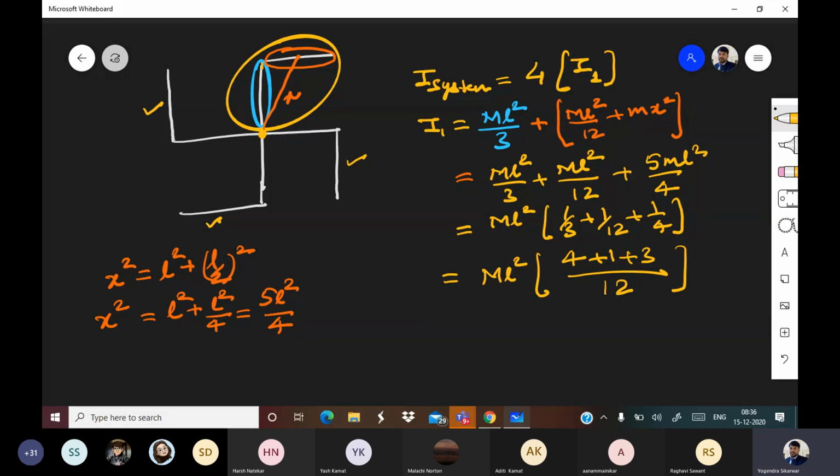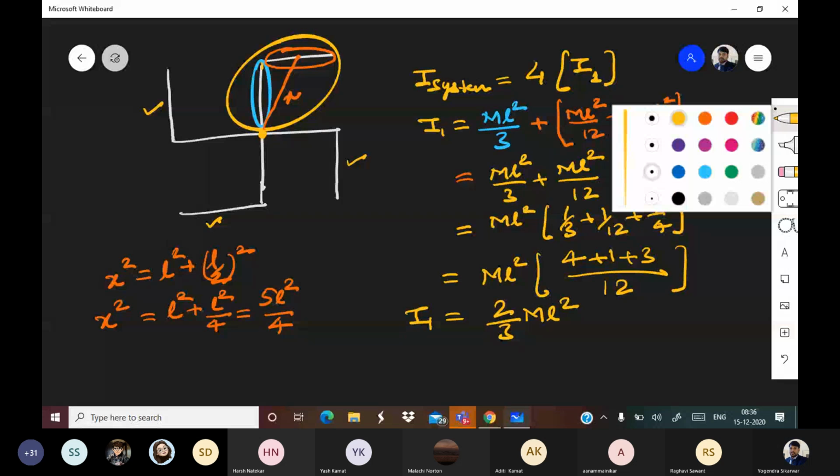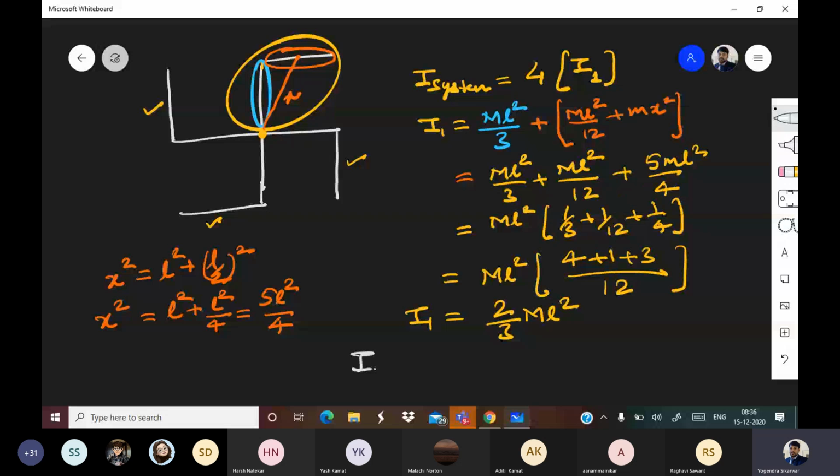So that comes out to be 8 ml square by 12, basically 2 by 3 ml square. So this is I1. So I system will be 4 times I1, which is 4 into 2 by 3 ml square, and that will be 8 ml square by 3. Answer.